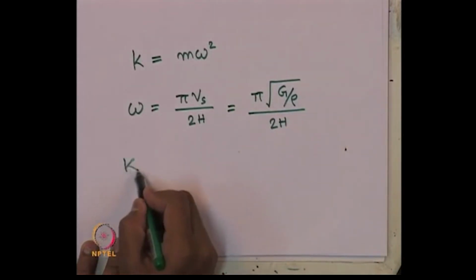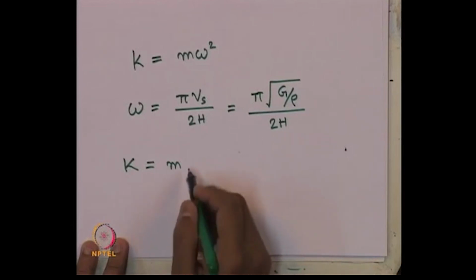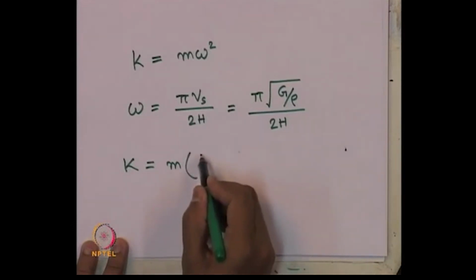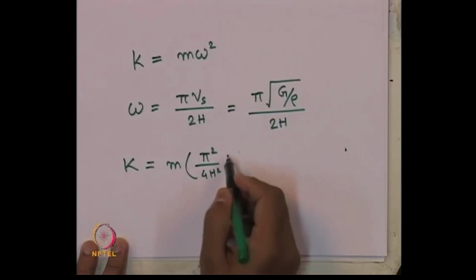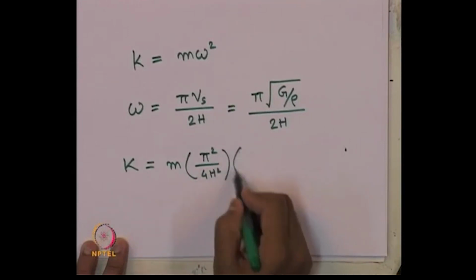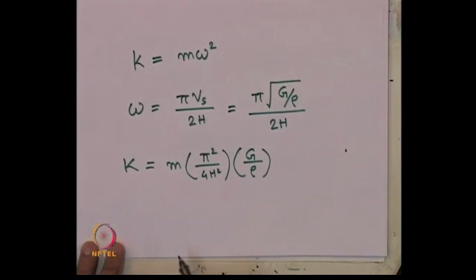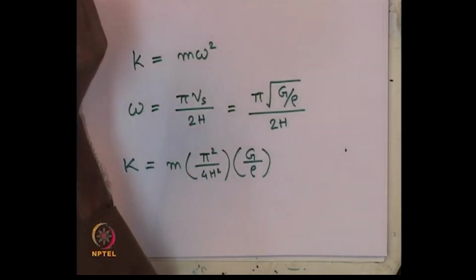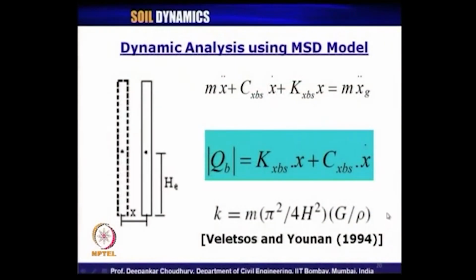Hence, k can be written as m omega square. So, this becomes pi square by 4 h square times g by rho. That is the expression to be used to calculate the value of k. So, the same expression is given here also, if we look at the slide.